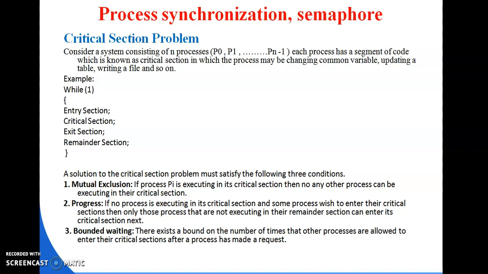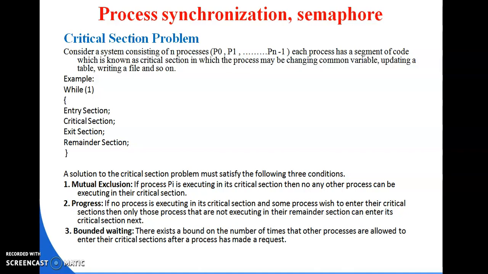That means the critical section is the area where the process may be changing a variable, updating a table, writing a file, and so on. The important feature of the system is that when a process is executing its critical section, no other process is to be allowed to execute in its critical section.